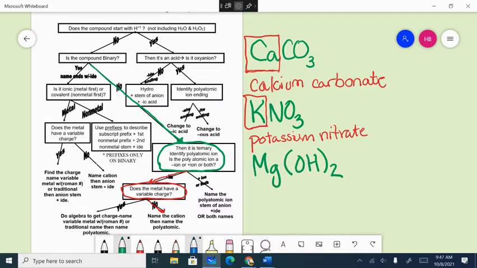So it is a ternary compound. It has a negative polyatomic ion. Magnesium does not have a variable charge. He's not in our variable charge metals box. So we're just going to name him by naming the cation and then the polyatomic ion. So he is magnesium hydroxide.